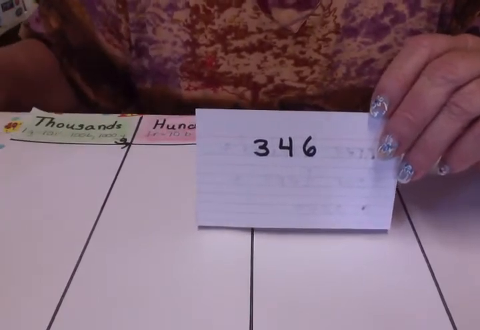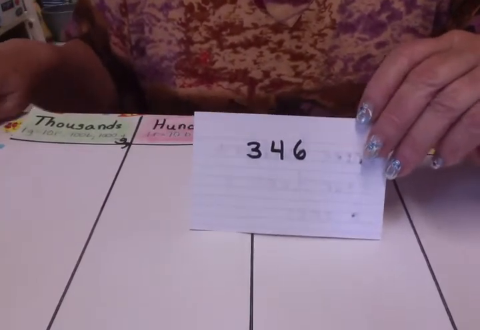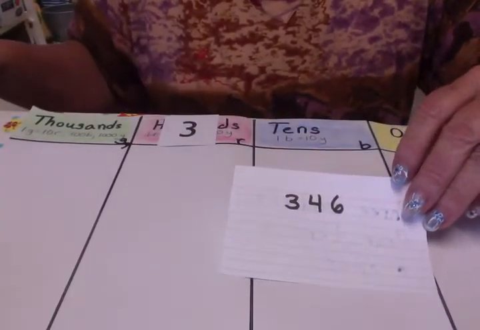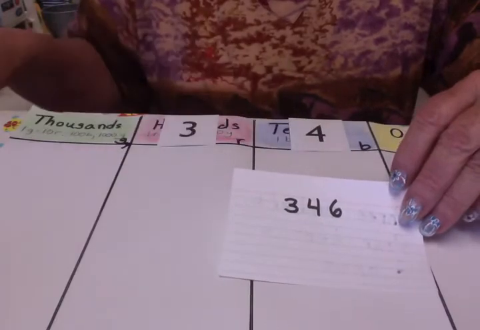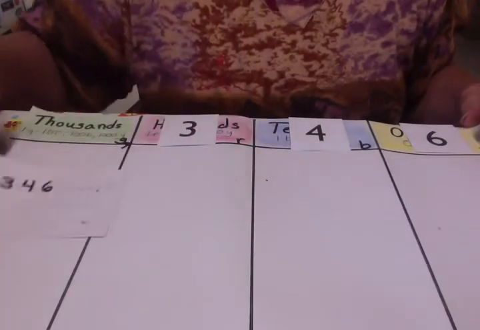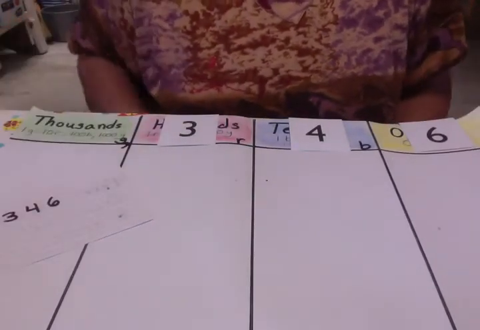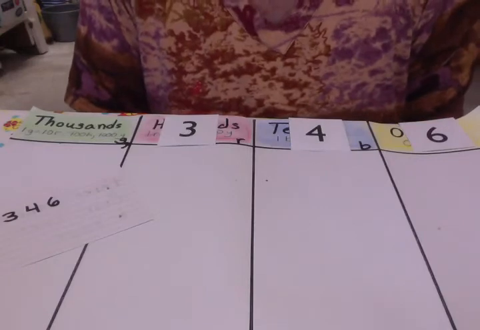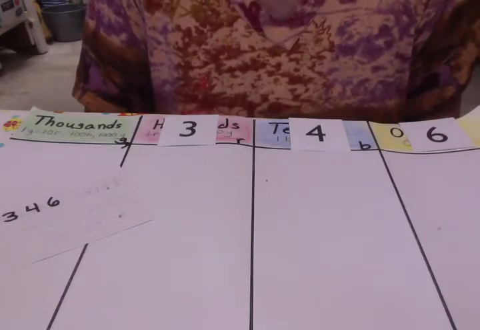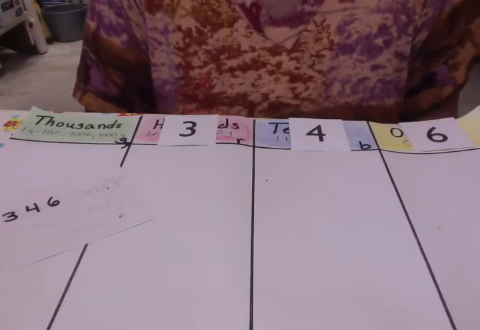While you're doing that, I'm going to put my number cards on the board. And if you're not finished yet, stop the video and start it back up when you're finished.